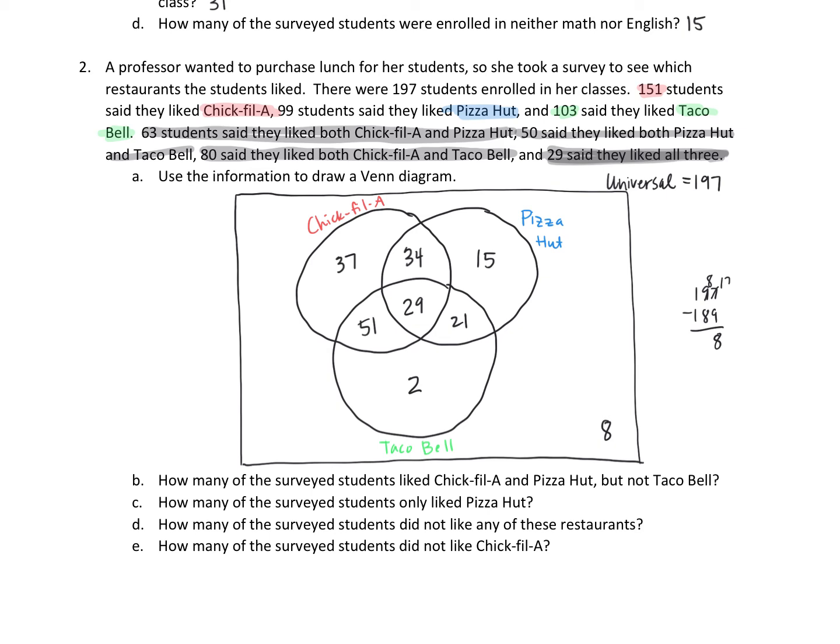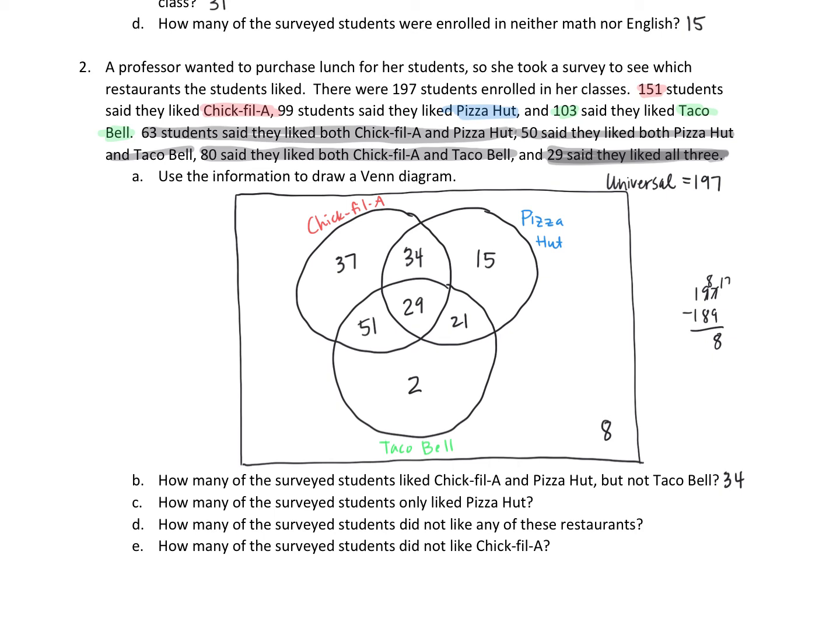So it's just going to be this part, right? So Chick-fil-A and Pizza Hut, but not Taco Bell. So that would be the 34 that are within that region that I just shaded. So 34 students like Chick-fil-A and Pizza Hut, but not Taco Bell. Part C, how many of the surveyed students only like Pizza Hut?